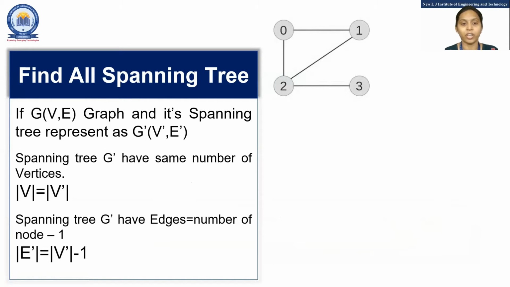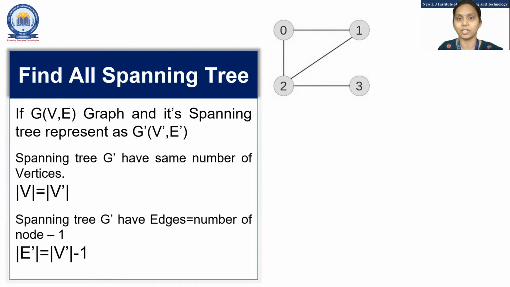In a spanning tree, the number of edges is vertices minus 1. Why vertices minus 1? Because if you understand a tree properly, a tree always has vertices minus 1 edges. So this is the technical way you can represent it.